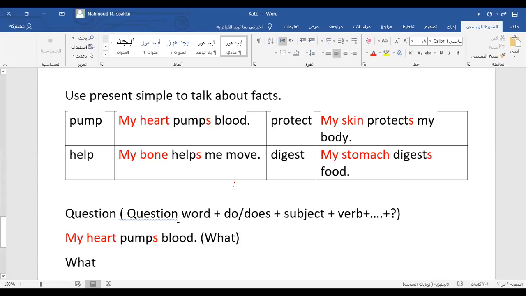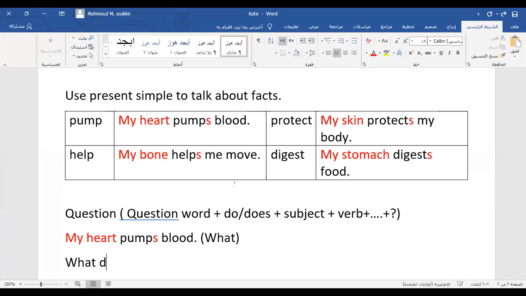What do. Just listen to me, please. After the question word, what should we put? Do or does? Look at the verb. Does the verb end with S? Yes. Okay. If the verb ends with S, we use does. Now we wrote the question word. After the question word, we write do or does.